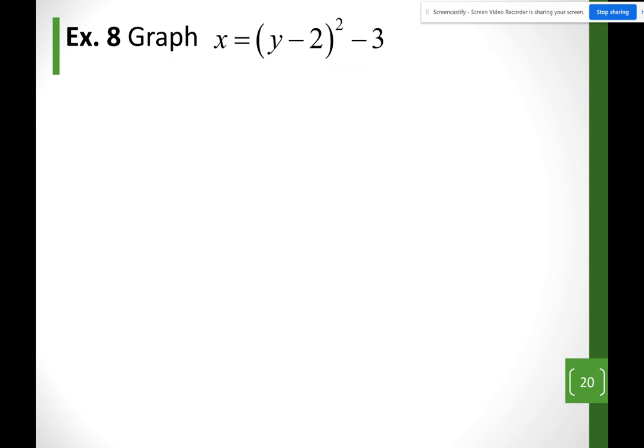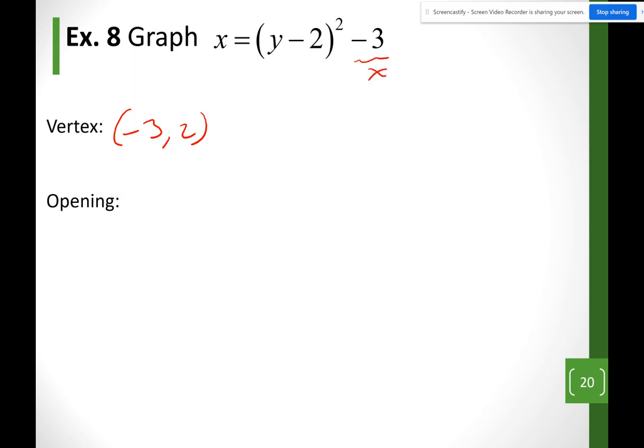So I have this, and it says graph this. A couple of things I'm going to do. First of all, I want to know my vertex. My vertex happens to be -3, 2. Remember, I said this is my x value.